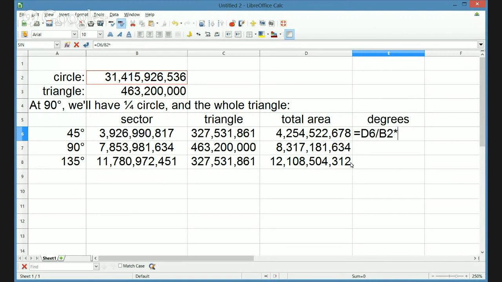And you just solve for x. Right, the way to do that would be to multiply it by 360, so you just have x by itself.